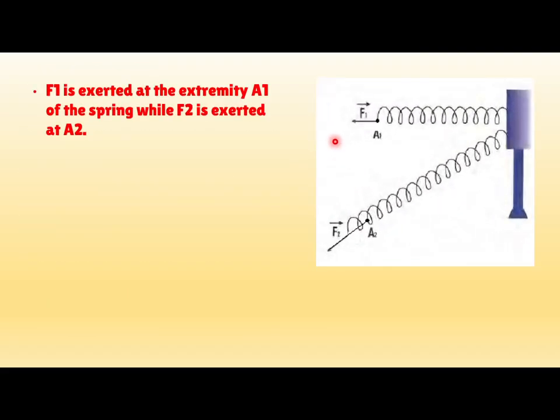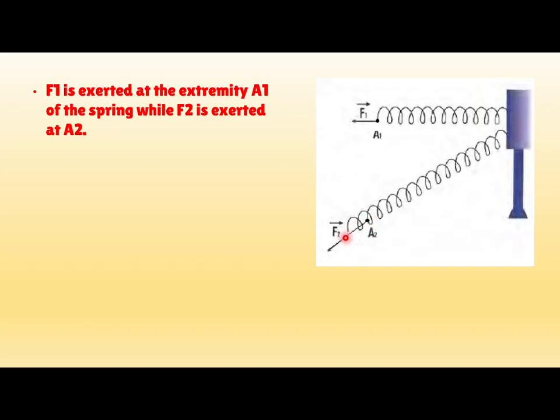First one, the force F1 is exerted at the extremity A1 of the spring, while F2 is exerted at the point A2. That is, the point of application of the force is different between the two students. The first student applied the force here, while the second student applied the force here.